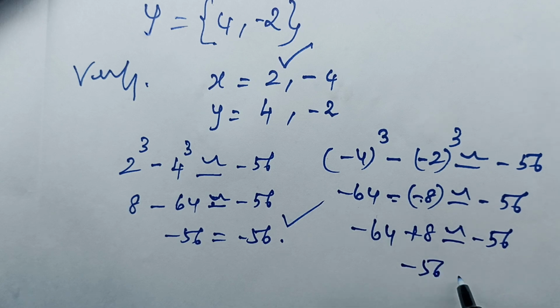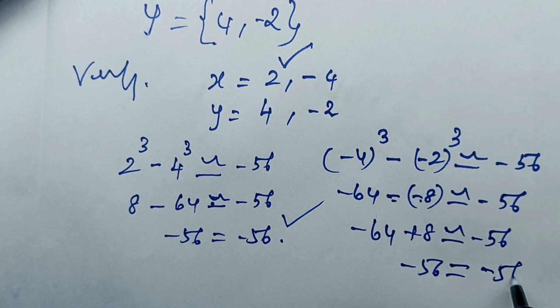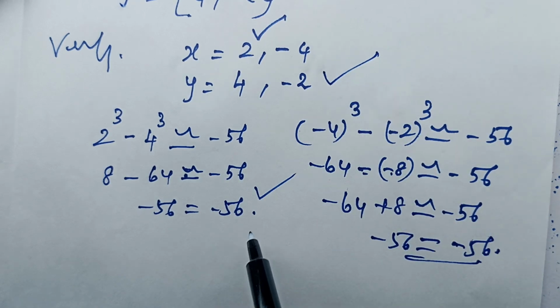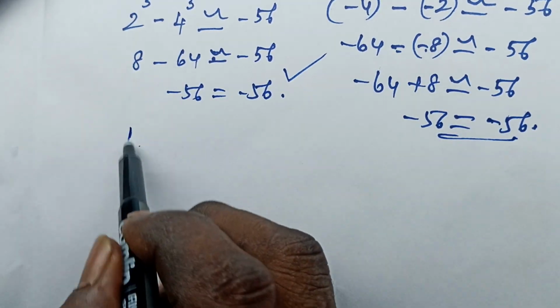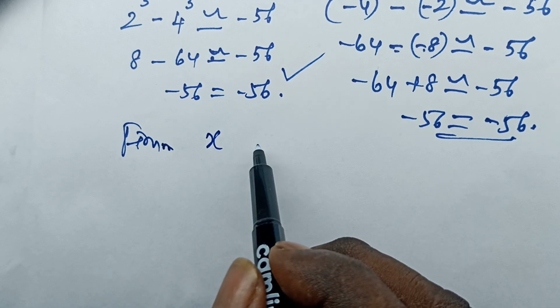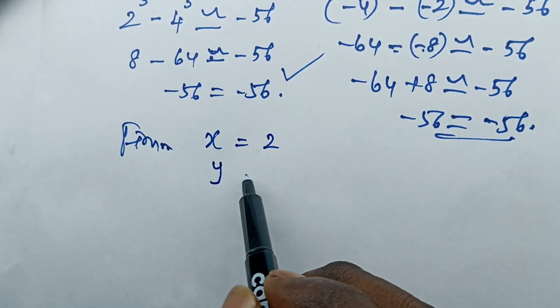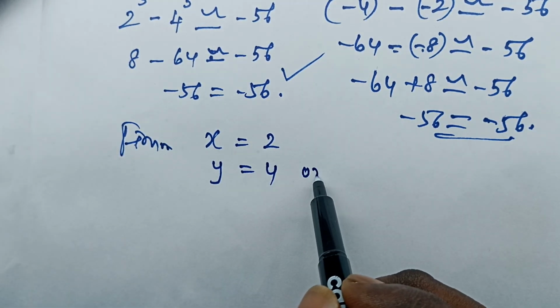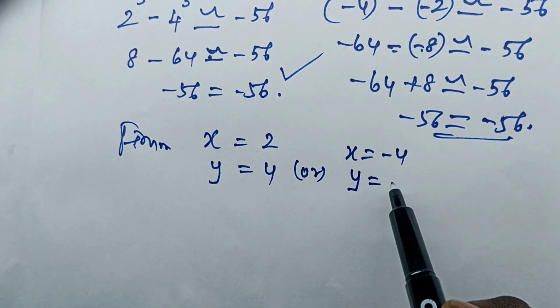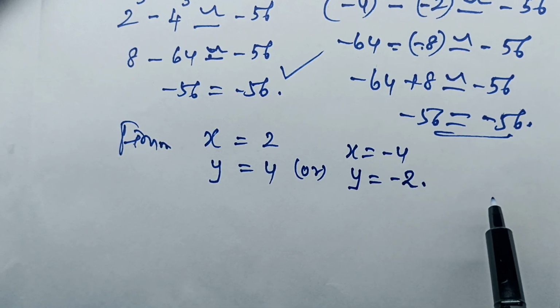So minus 56 equal to minus 56. So this is also correct. Finally, x equal to 2, y equal to 4, or x equal to minus 4, y equal to minus 2.